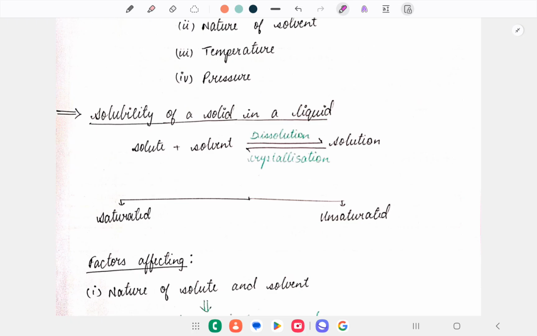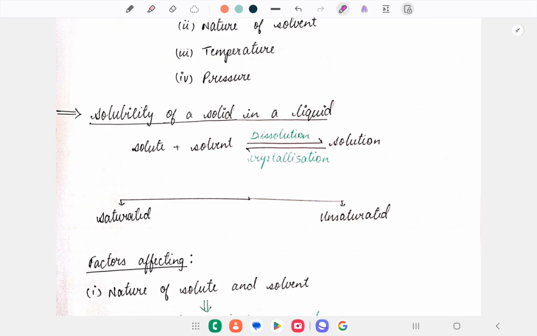The solubility of a solid in a liquid at any given temperature is defined as the maximum amount of solid in grams which will dissolve in 100 grams of the liquid, that is the solvent, to form a saturated solution at that particular temperature.